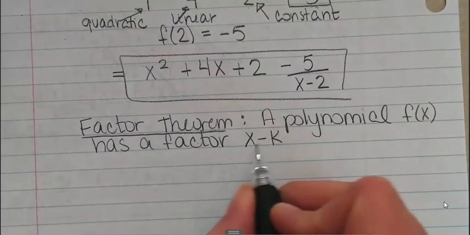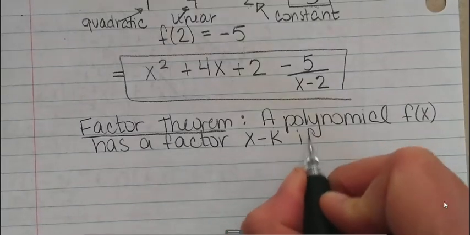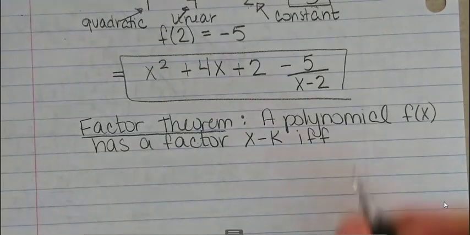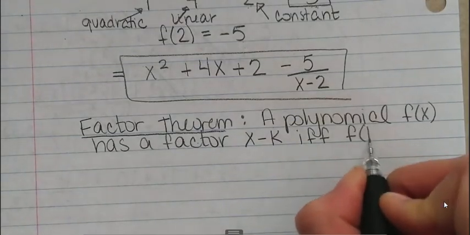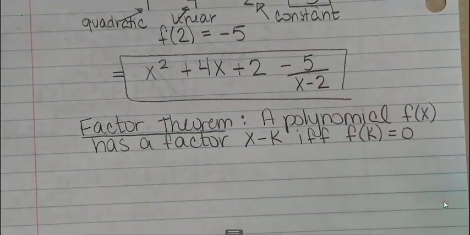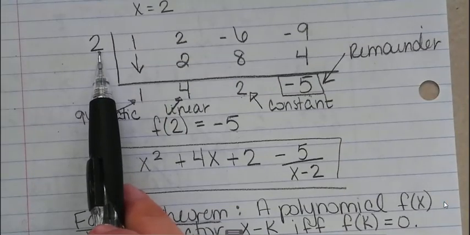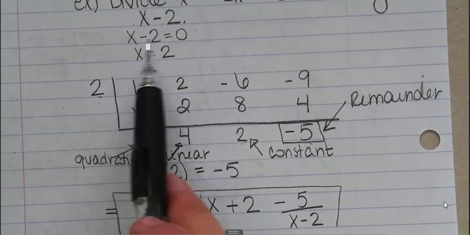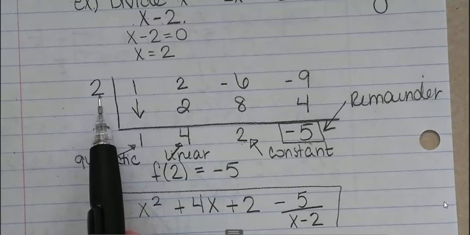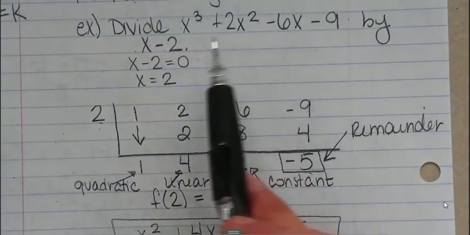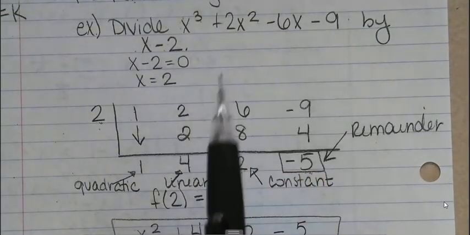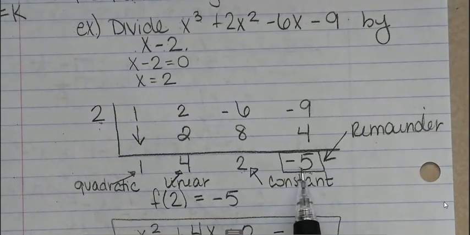So this will be true if and only if f of k equals 0. So basically, when I do my synthetic division, x minus 2, which is what I divided by originally, will be a factor of this polynomial if the remainder is 0.